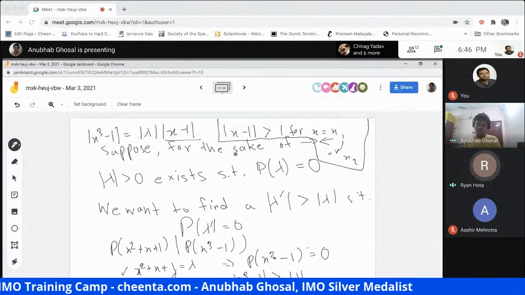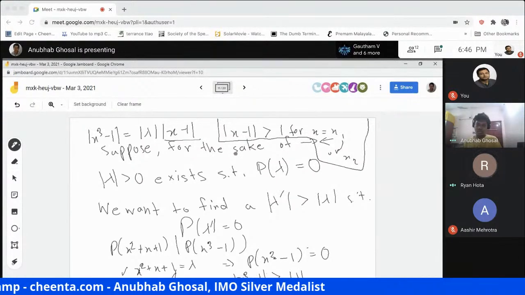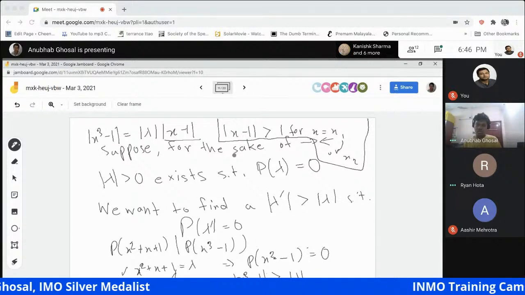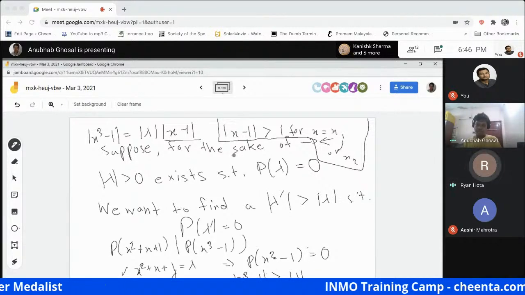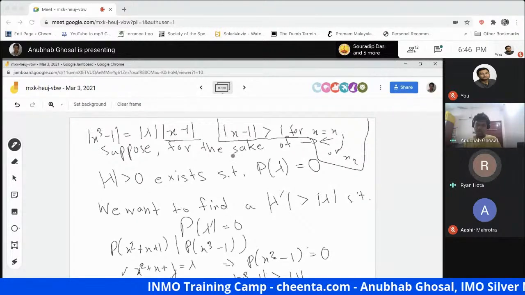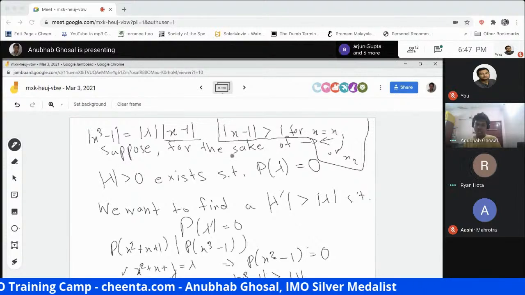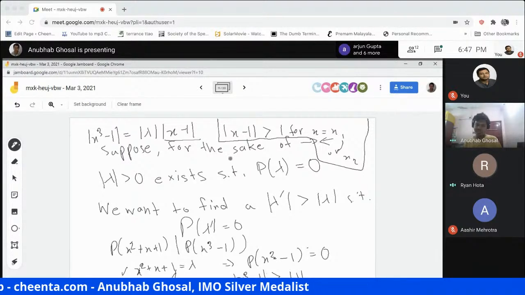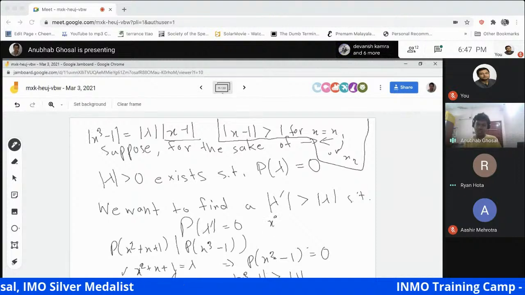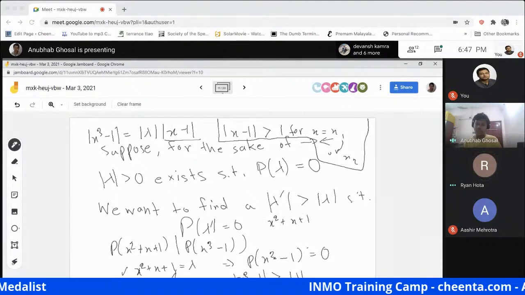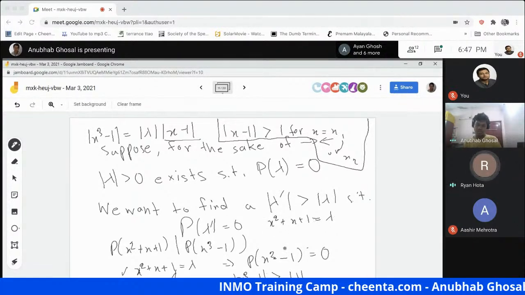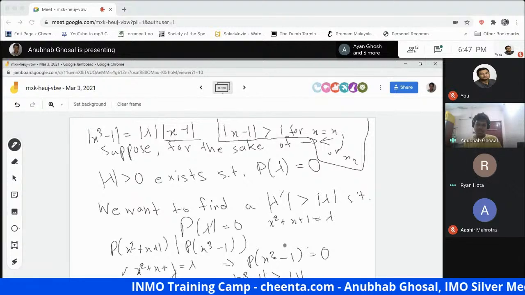Sir, the roots of the equation are simply cube root of lambda into omega and cube root of lambda into omega square. No, that's not true. Why is that true? The roots are of the equation x squared plus x plus 1 equals lambda. So why does that imply that?